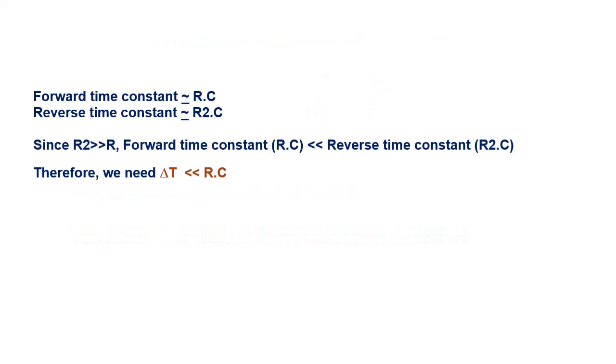As R2 is usually much greater than R, the reverse time constant is much greater than the forward one. Therefore, for determining delta t, we will use the forward time constant, namely, the product of R and C. We need delta t to be much less than the product of R and C.